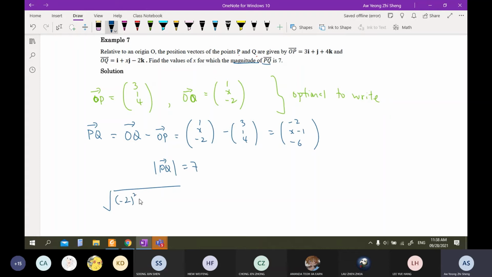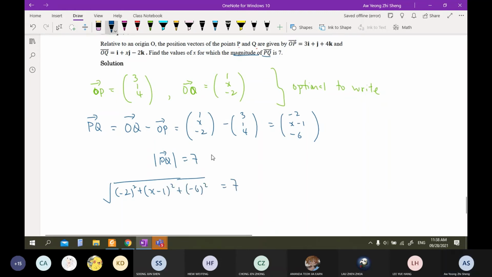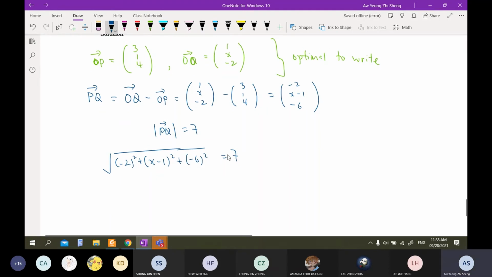You have minus 2 squared plus x plus 1 squared plus x minus 1 squared... negative 6 squared equals 7. We can square both sides. So right hand side becomes 49, and on the left hand side the square root is gone and you can expand the squares.